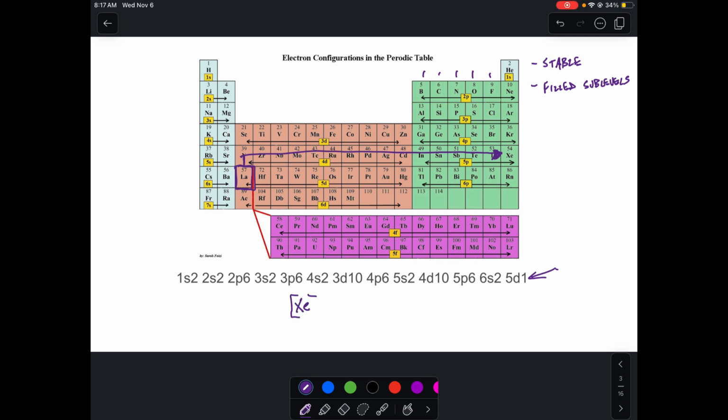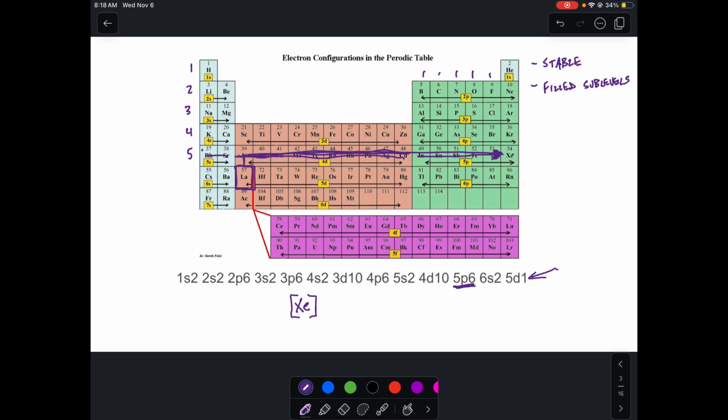We got xenon right here. After xenon, we fill in the rest. So xenon's going to be 1, 2, 3, 4, 5, 5s, 4d right here, that's 4d. Remember the drop down. 5p6. So we can find that right here in the full-length lanthanum electron configuration.